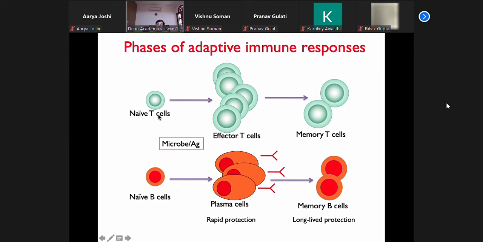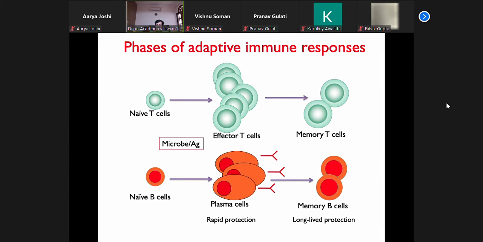And the same is the case with T cells. You start with naive T cells. They also start their journey from bone marrow. From bone marrow, they get to the thymus. In the thymus, they undergo the process of negative-positive selection. Once it is made sure that you have not selected any autoreactive T cells, these cells then come to secondary lymphoid organs.